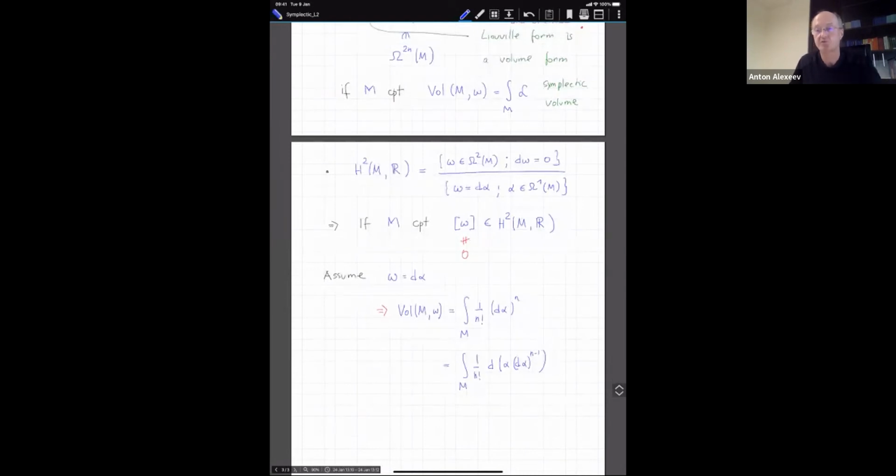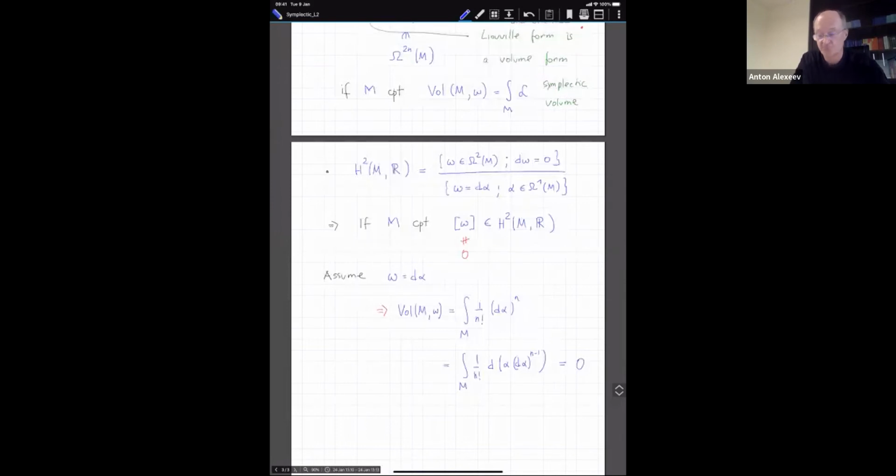By the Stokes formula, M has no boundary, it's a compact manifold, so this integral is 0. But omega to the n is a volume form, so if you take any small ball, you already get a strictly positive answer.